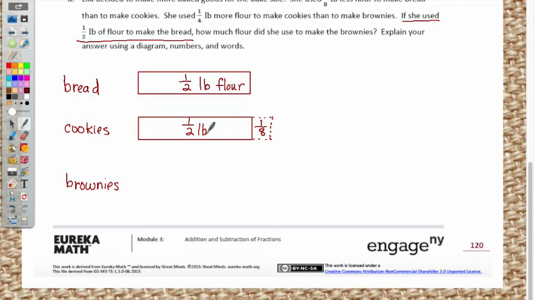Okay. Now for brownies, it's switching over to 1/4. So cookies were more than brownies by 1/4. So what I want to do now is, and this is dotted, line up the end of cookies and brownies.